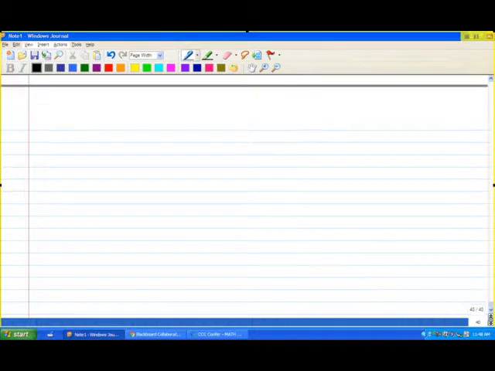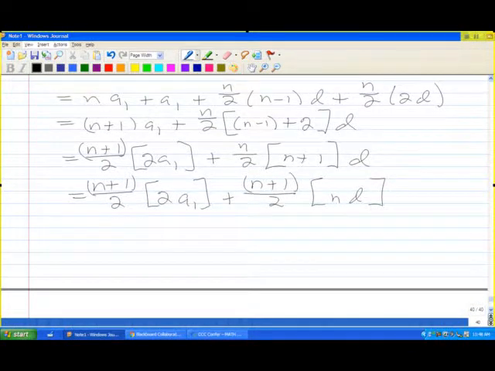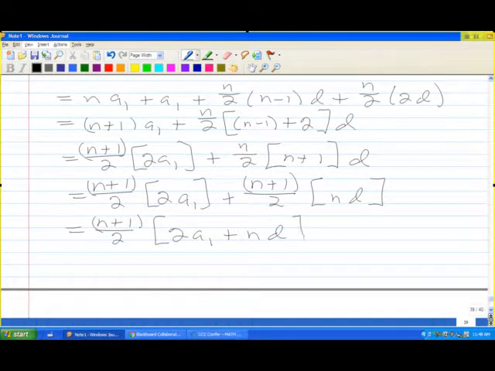And so this becomes n plus 1 over 2 all times, so I can factor out the n plus 1 over 2's, which are in common, 2a1 plus nd.